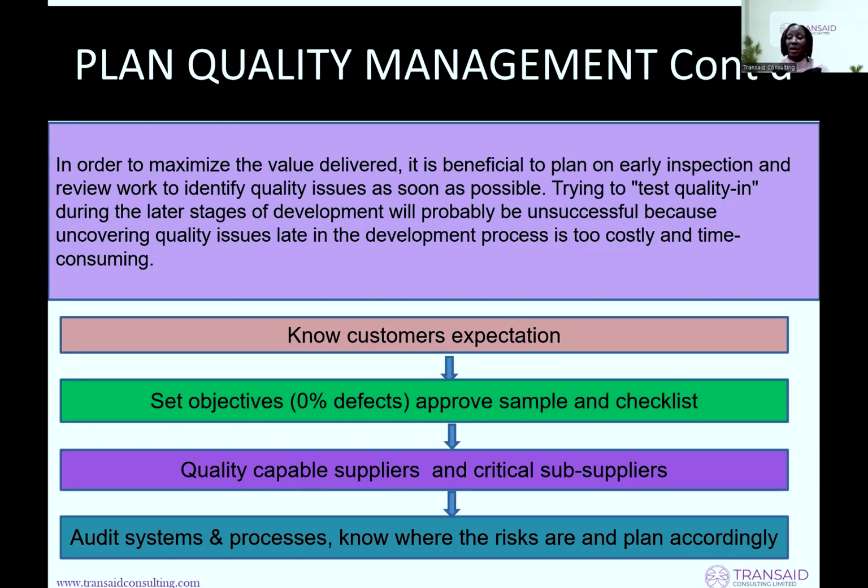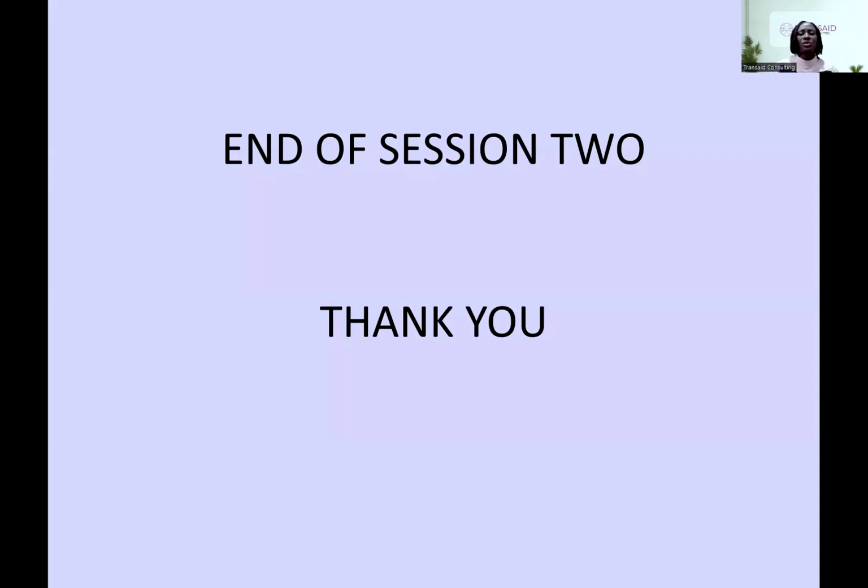Know your customer's expectation, set objectives to have zero defects. So you put the system in place. Engage quality-capable suppliers. Audit your system and process. Let it be ongoing as you are producing.